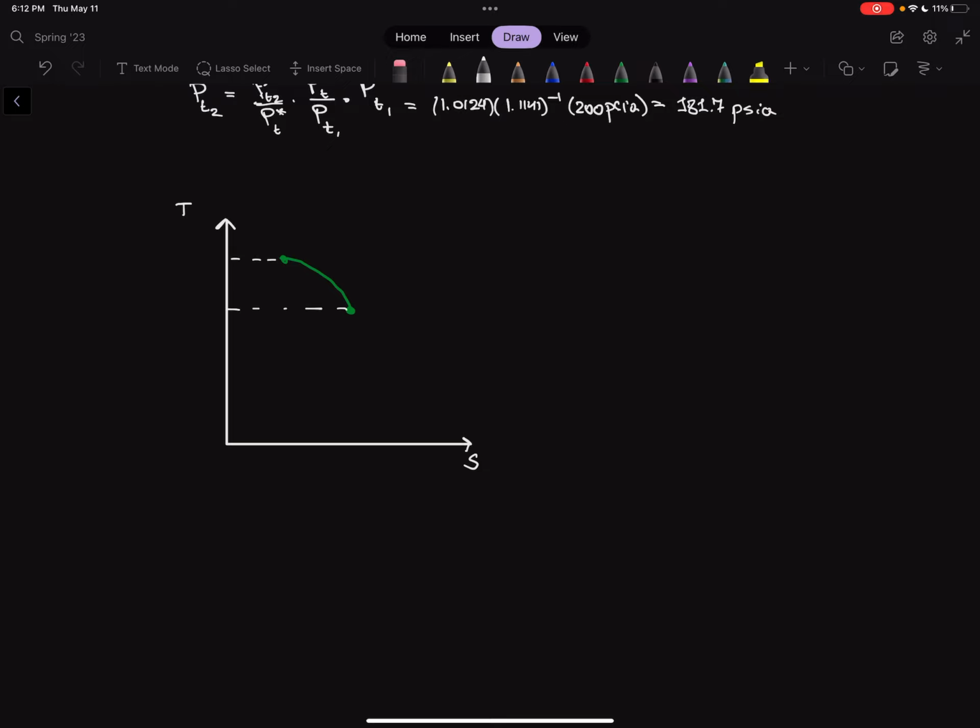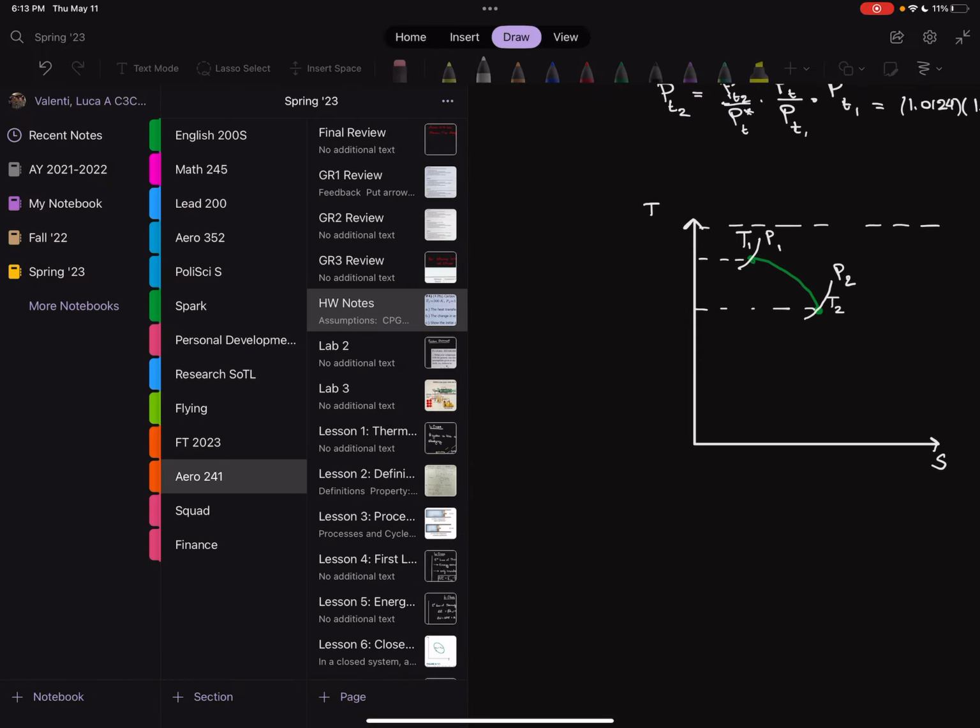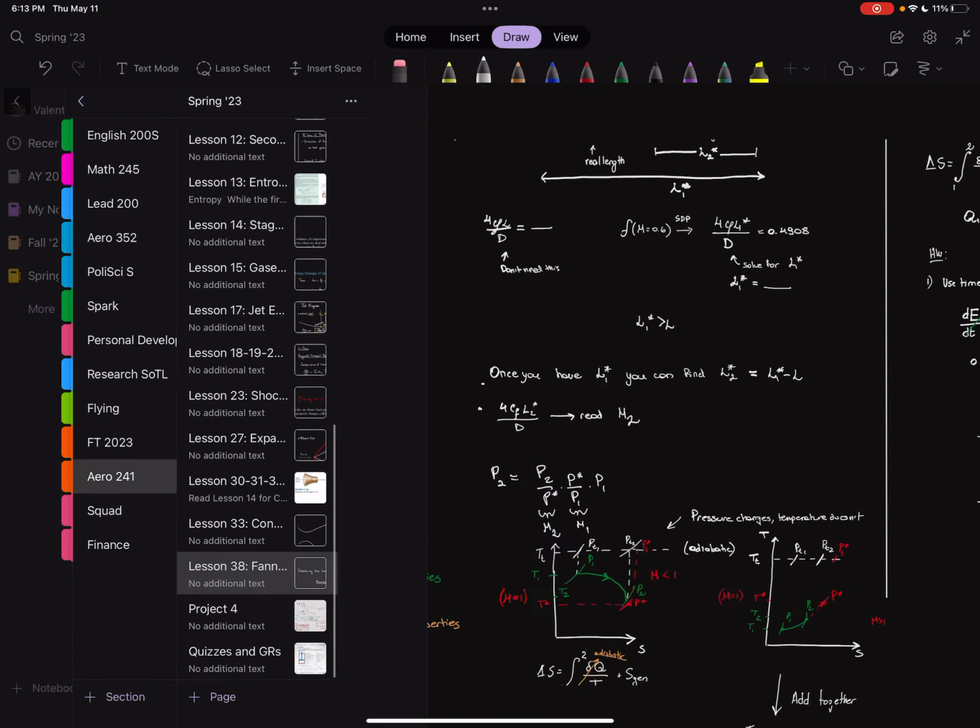So I know we're going to go from T1 to T2. P2 is going to change from P1. And now I would say this will not be the same. So let me go back to my notes so that I give you proper information.